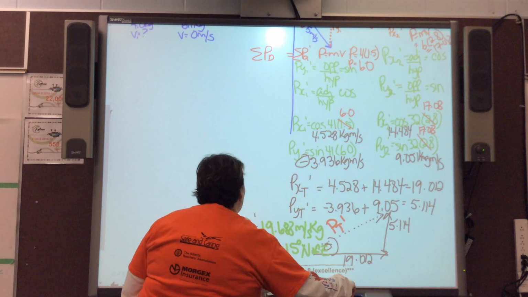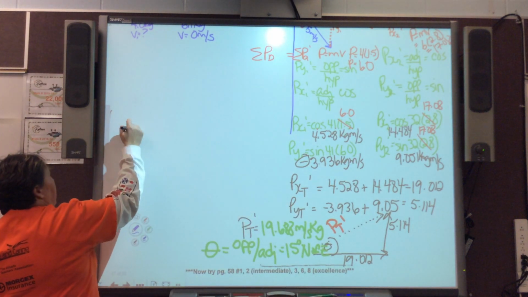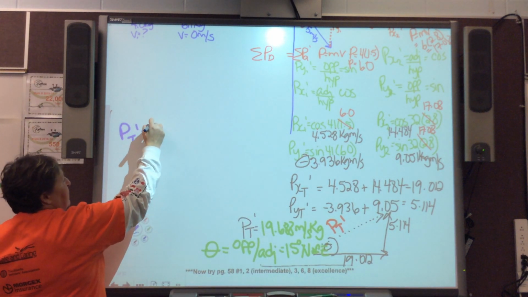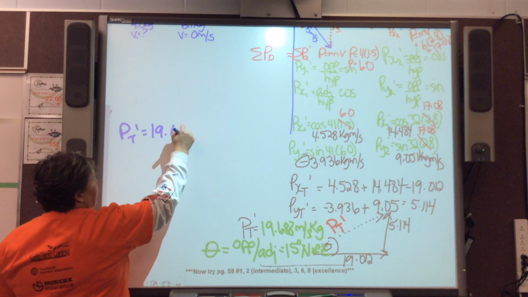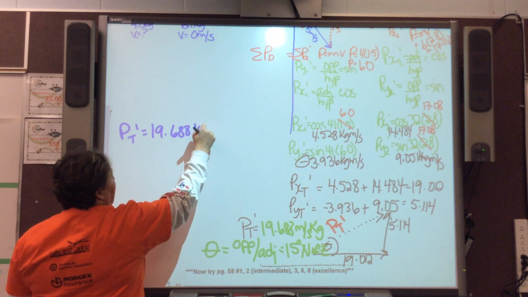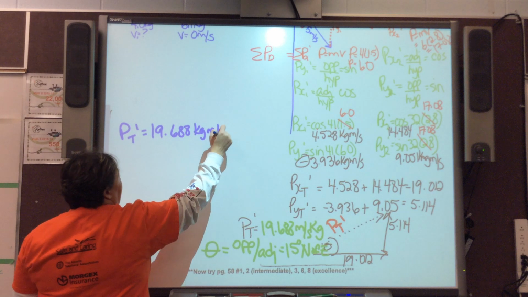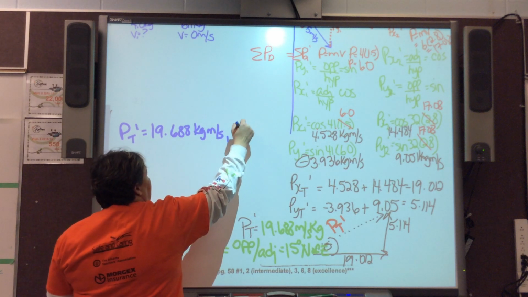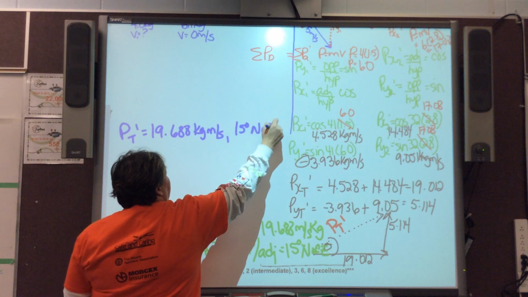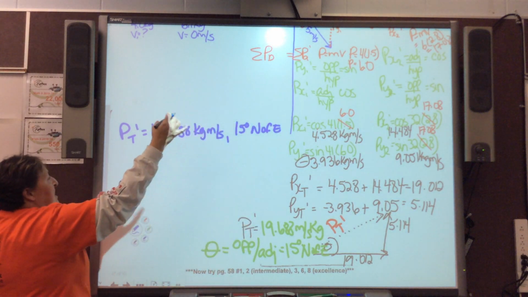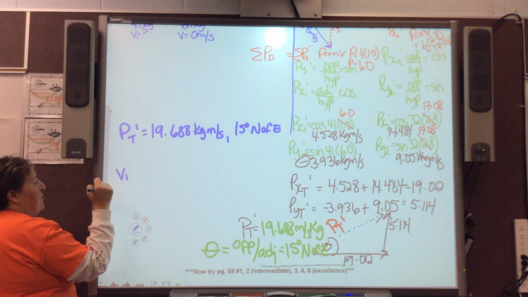Okay. So what we found was P total prime after is equal to 19.688 with decimals, kilograms, meters per second, 15 degrees north of east. The question is actually asking us for V1.